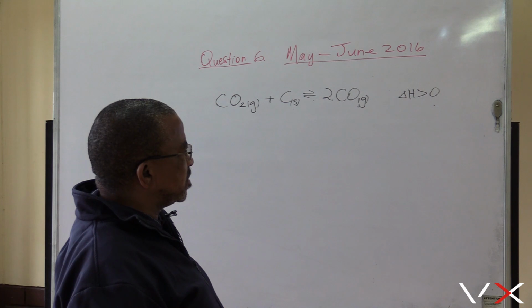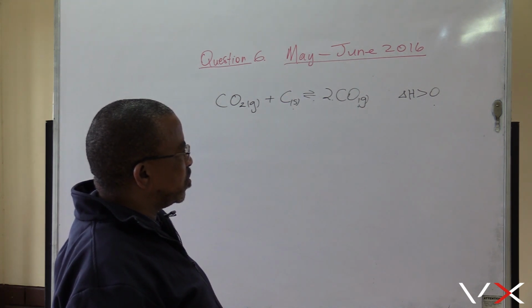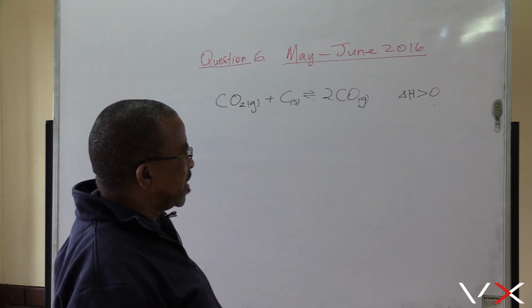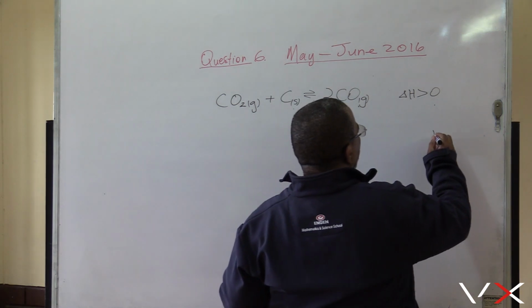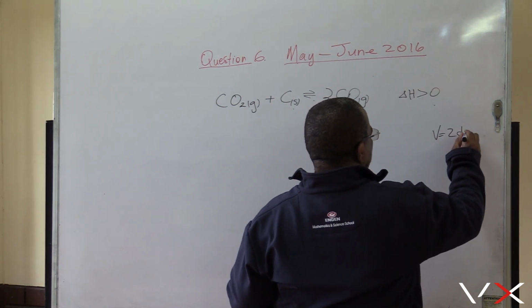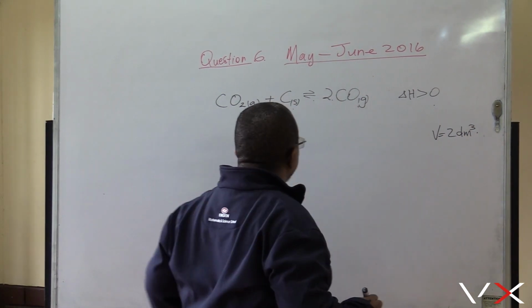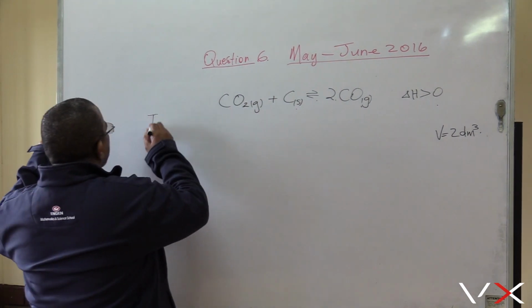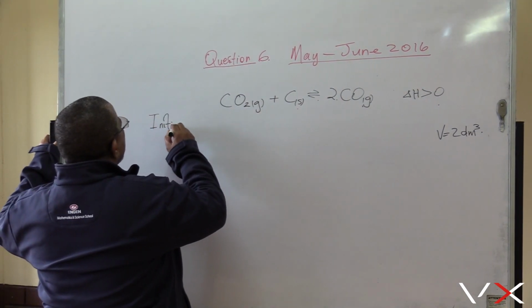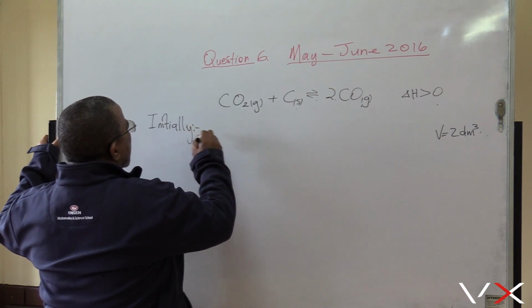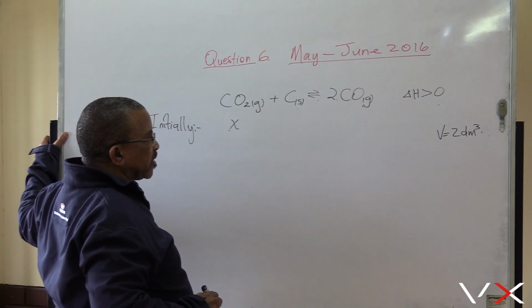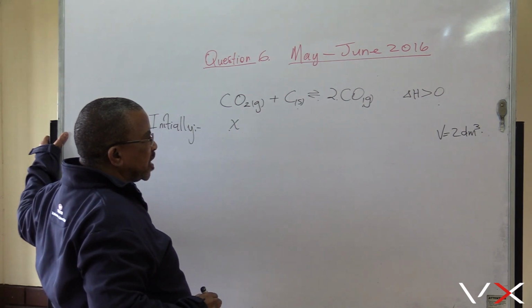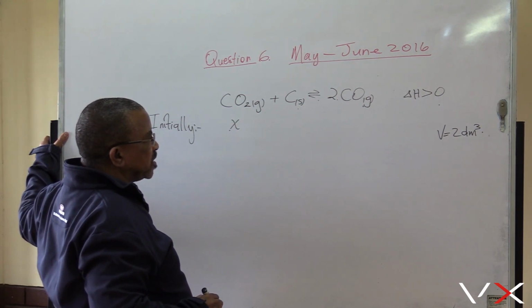Initially, an unknown amount of carbon dioxide is exposed to hot carbon in a sealed volume of 2 decimeter cubed.